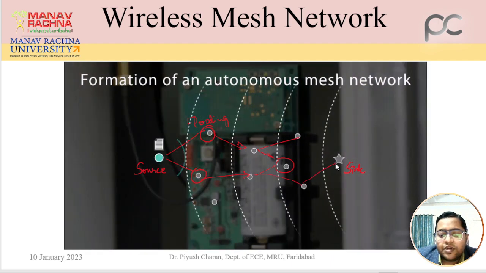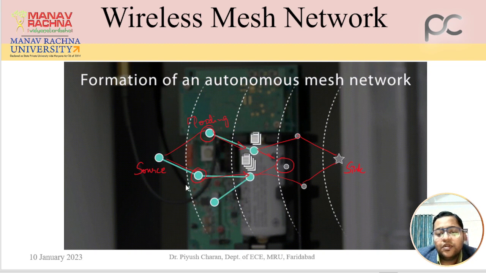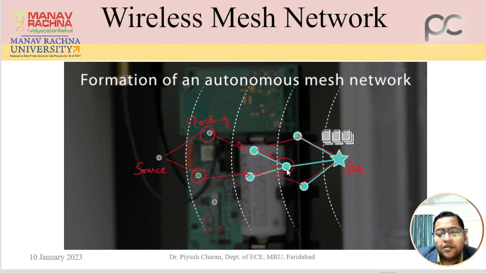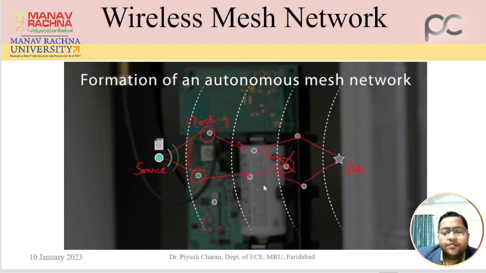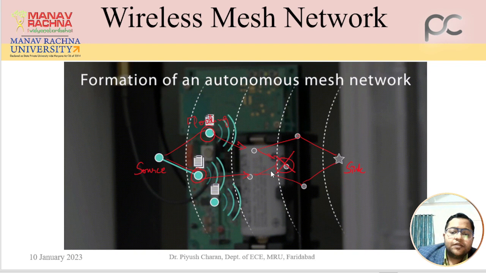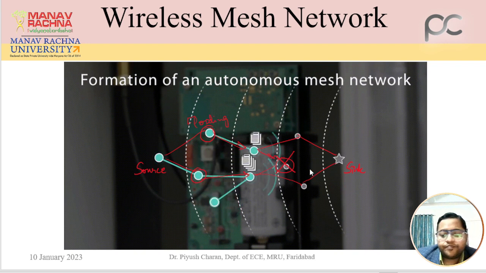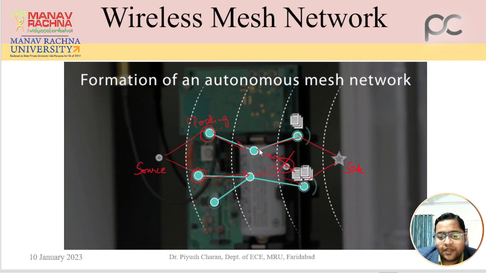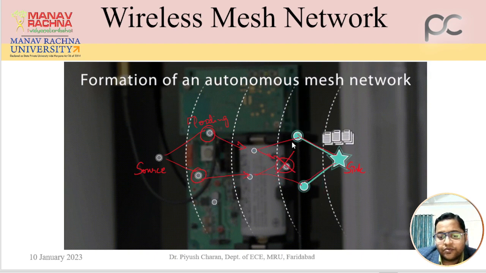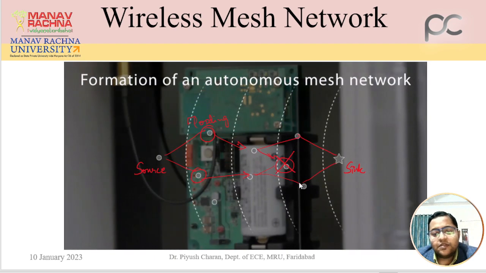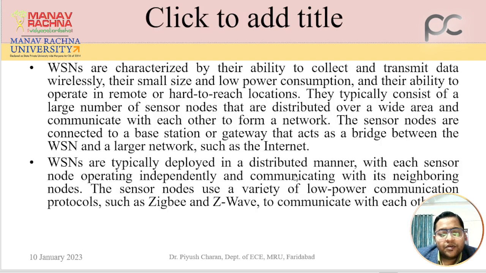These nodes individually transfer it, and this is how communication takes place in a failed node scenario. So in this case, this node fails, and they are routing through these nodes. This is how they work, a wireless mesh network.